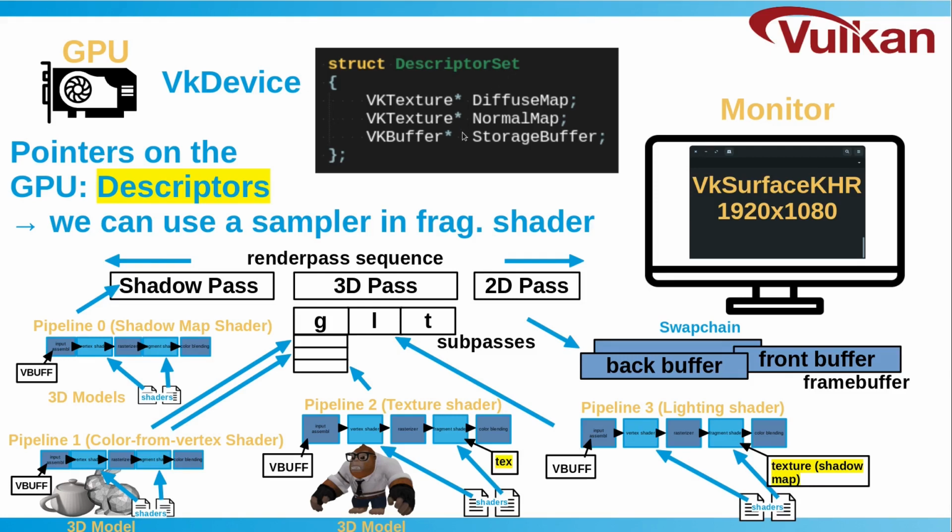And then this descriptor set needs to be bound to a pipeline with a certain layout, and then the sampler in the Fragment Shader can use this pointer or descriptor to access a texture or a buffer.